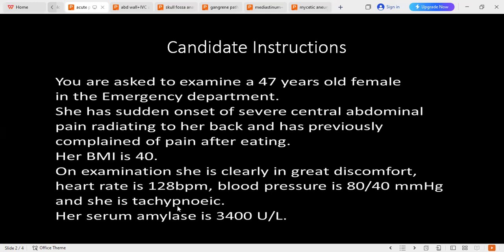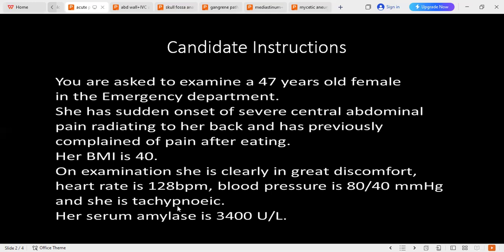If you don't manage the patient on time, what complications can occur? It can develop septic shock. It could lead to diabetes mellitus. It could lead to a pseudocyst of the pancreas.